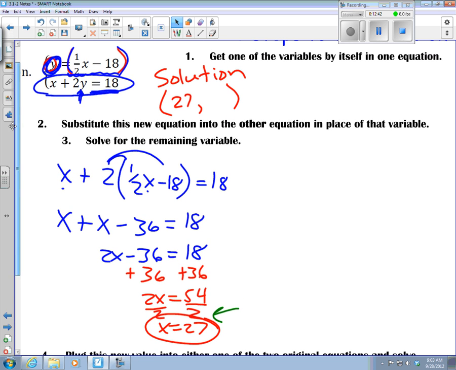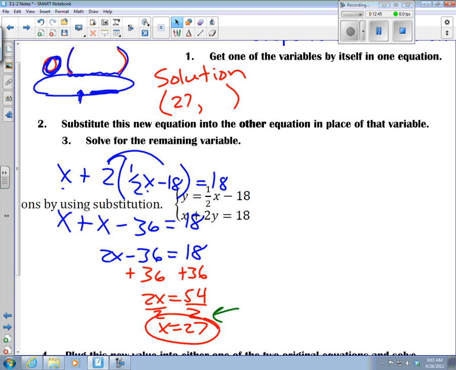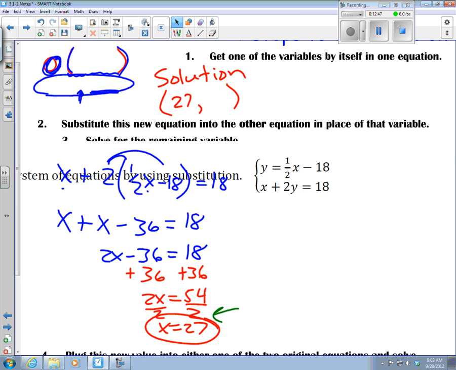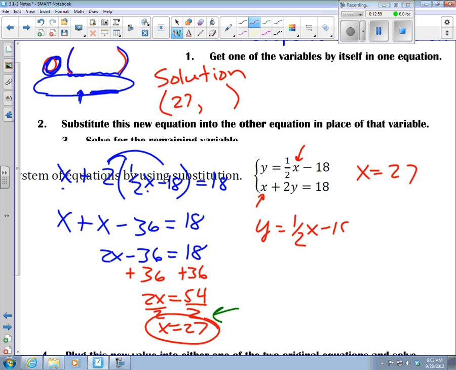So I can take my original equation over here and plug 27 in for one of the x's. I can either plug it in for this x or this x. And I'm going to use this one, y equals 1/2 x minus 18. I'm going to plug the 27 in right here. It's easier because it's already solved for y. I could plug it into the other equation for x, but let's just go with this.